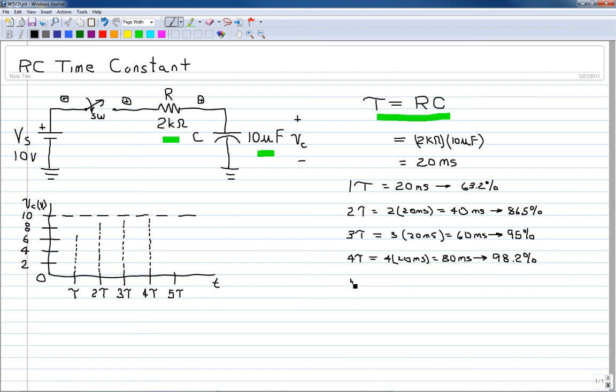Finally, at 5 tau, which is equal to 5 times 20 milliseconds, which is 100 milliseconds, the capacitor will have charged to a value of 99.3% of the total applied voltage.